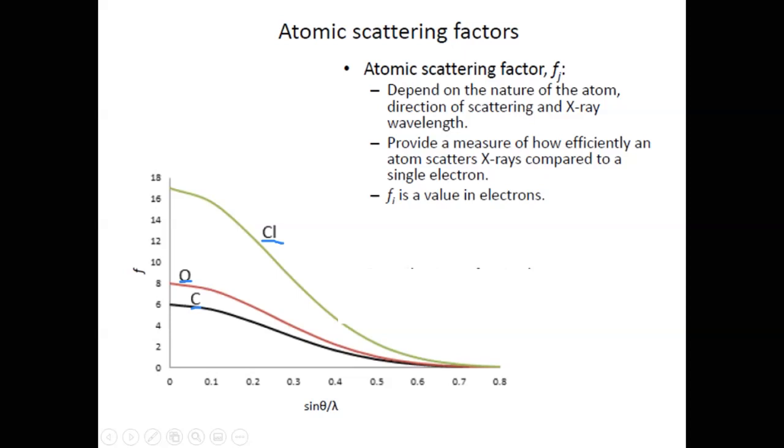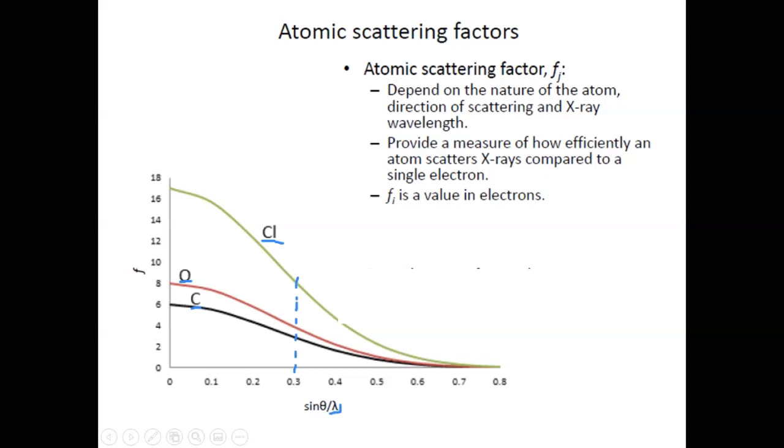And so we'll notice here, for example, at 0.3 sine theta over lambda, chlorine, oxygen, and carbon scatter quite efficiently. And remember, if you use a shorter wavelength, like molybdenum versus copper, it's going to change this value.